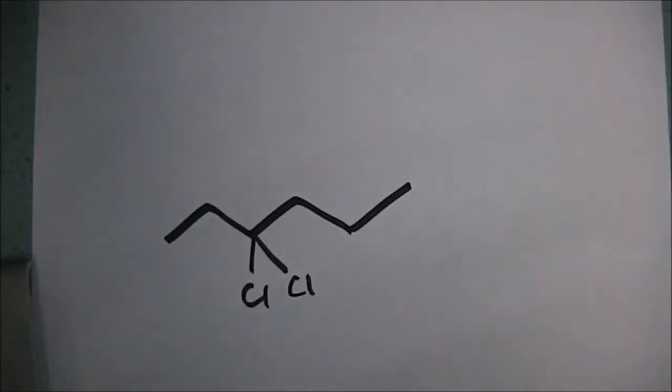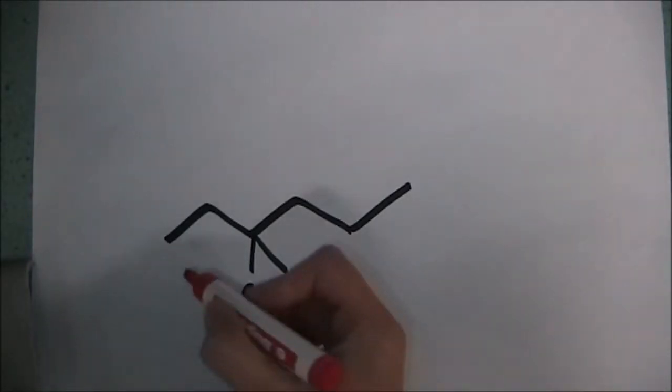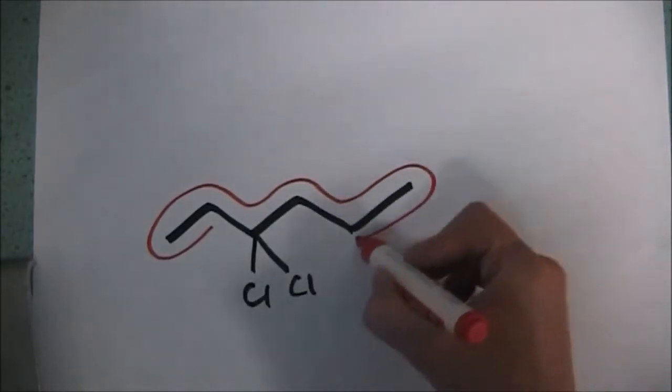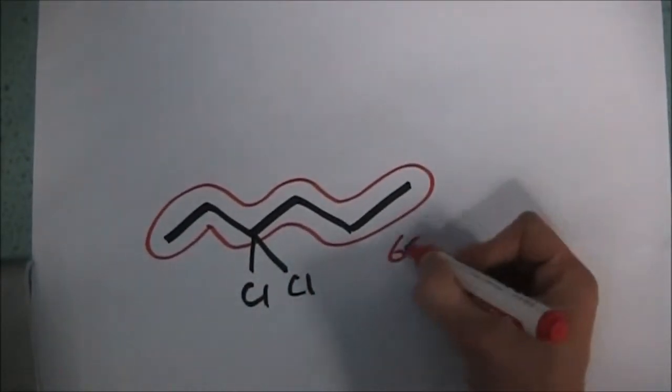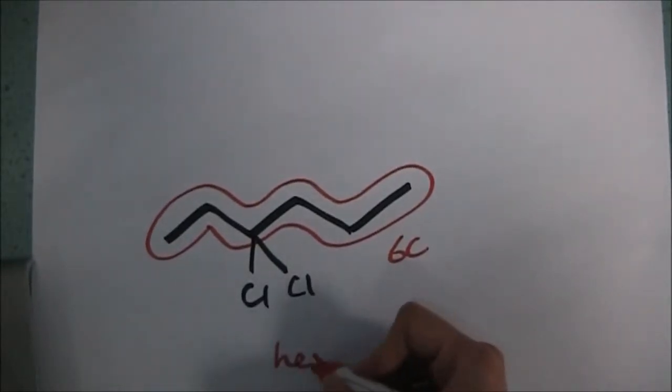We can have two similar or different groups on the same carbon chain. So have a look at this one. We're going to do exactly the same again. The longest carbon chain is here. 1, 2, 3, 4, 5, 6 carbons. Therefore it's some kind of hexane.